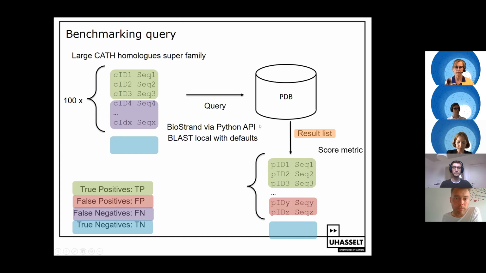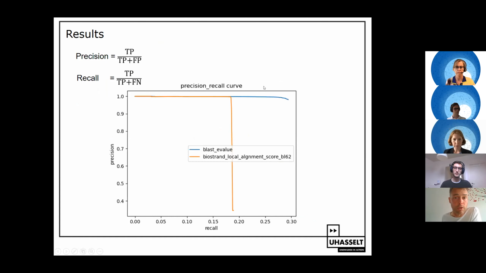We will produce a precision recall curve, and how we do that is we sweep over the score metric, and every time we ask ourselves the question: if I would threshold the score metric at a certain position, how many true positives, false positives, and false negatives do I have? And I compute precision and recall. For those that do not know how to compute them, precision is the proportion of true positives over the true positives plus the false positives.